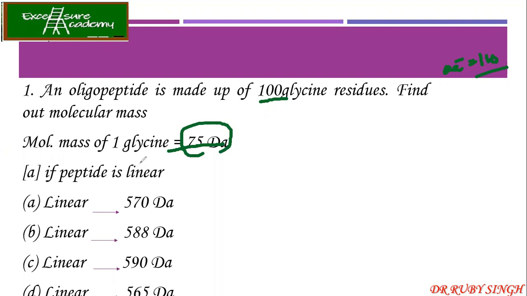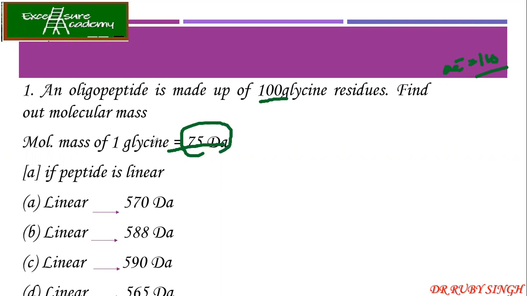So how much will you get? What is the first step you're going to do? 75 into 100 by 110.